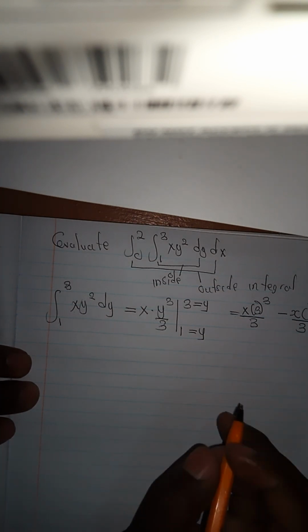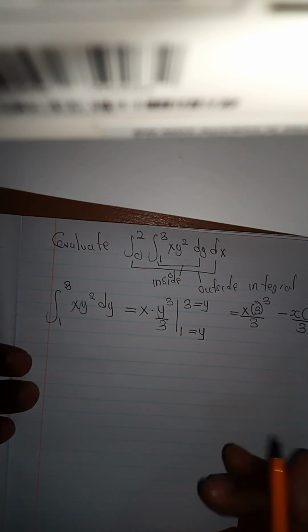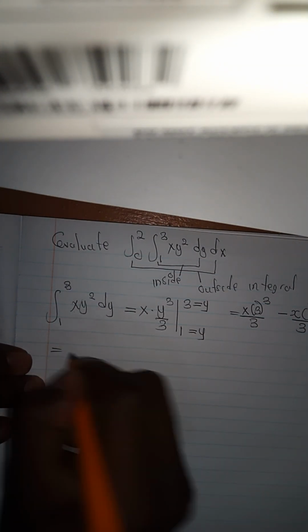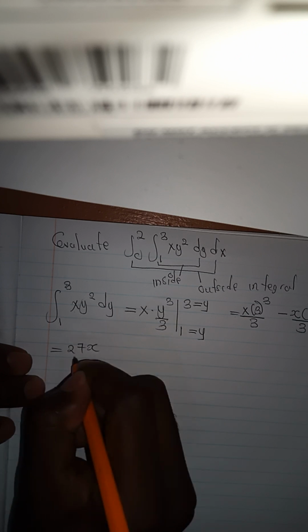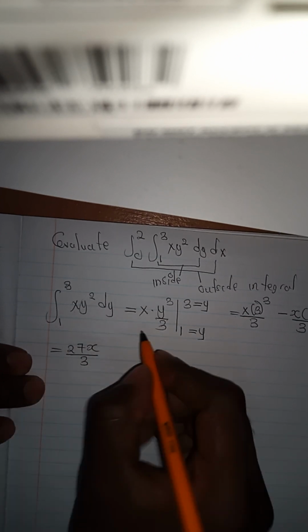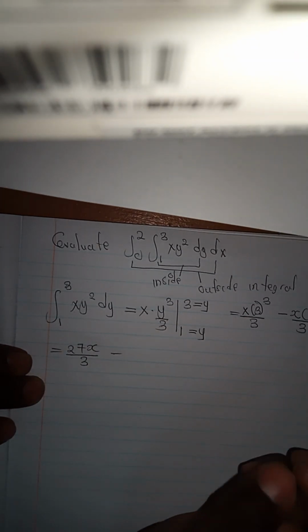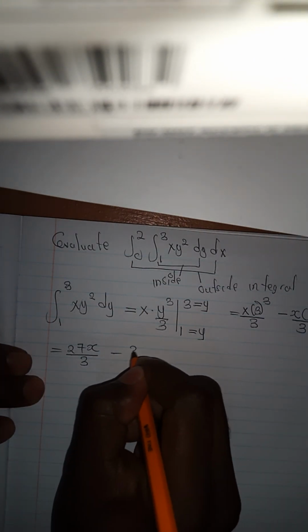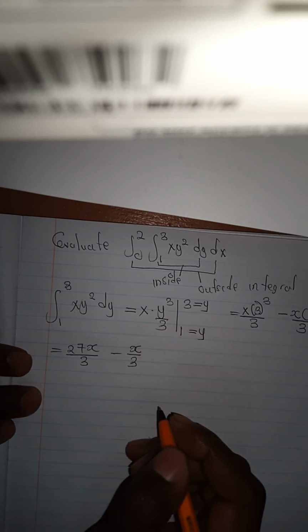So we have x times 3 to the power 3. What is 3 to the power 3? 3 to the power 3 is simply 27. It means now we have 27x over 3 minus x times 1 to the power 3. 1 to the power any number is the same as 1. It means now we have x over 3.